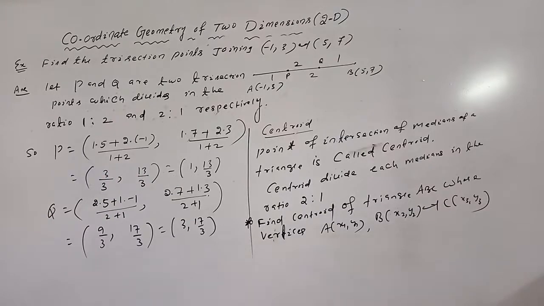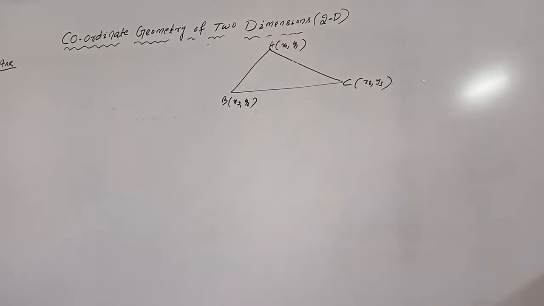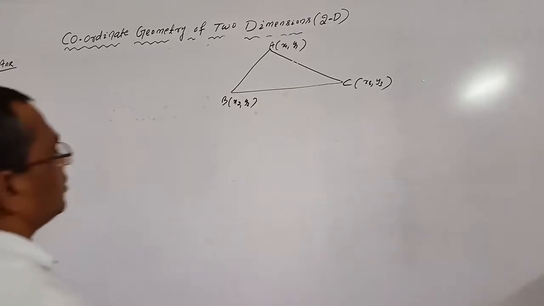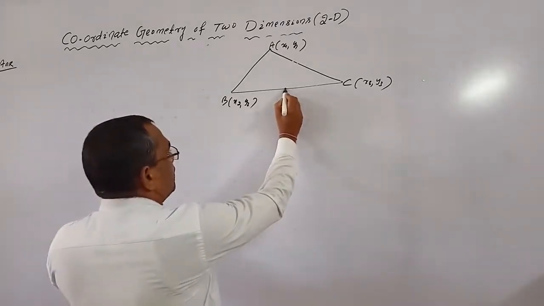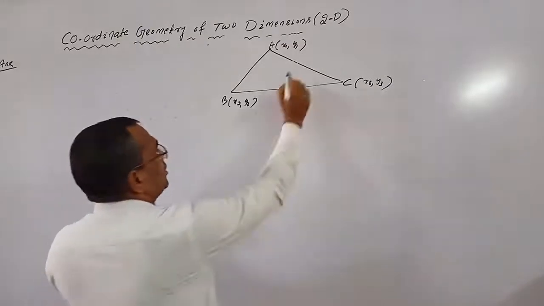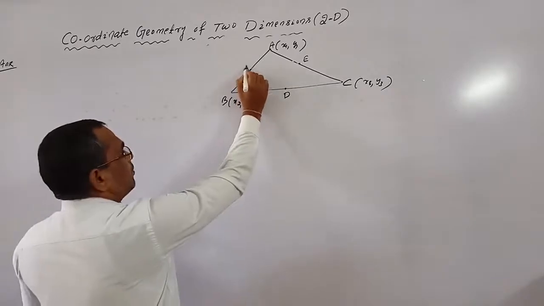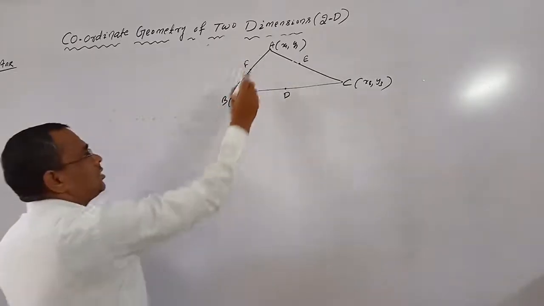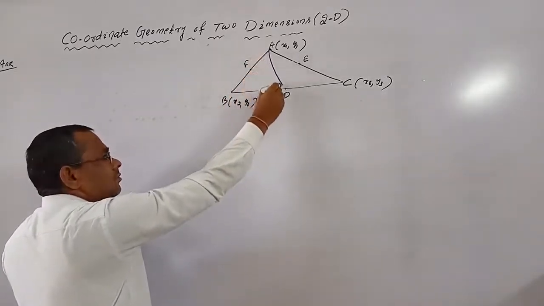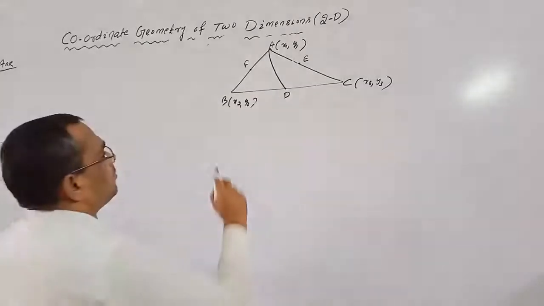First you have to draw a figure, then you must draw medians. Take a triangle ABC whose vertices are x1, y1, x2, y2 and x3, y3. D is the midpoint of side BC, E the midpoint of side AC, F the midpoint of side AB. Now the medians AD, BE.